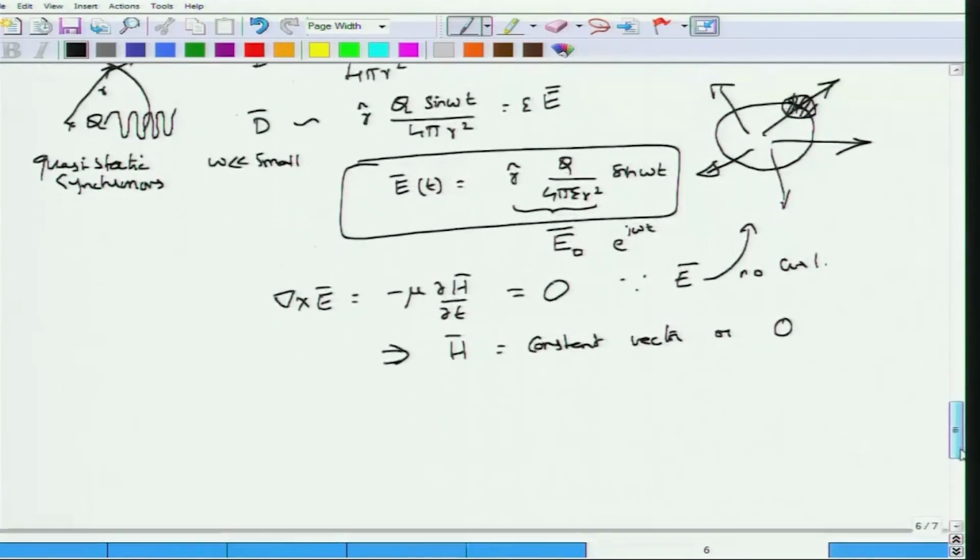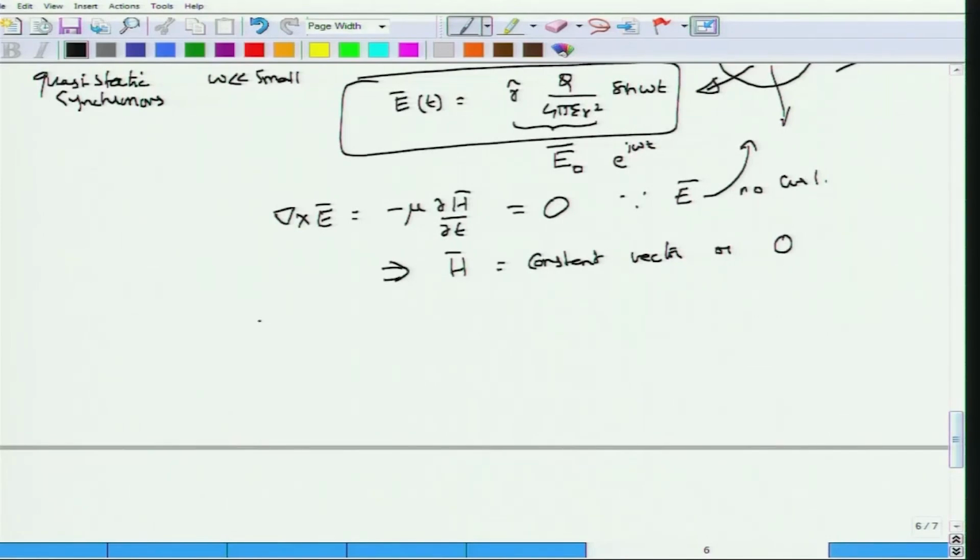Now, is this consistent with the other curl equation? Unfortunately, no. Remember, we are considering a perfect dielectric, therefore, the J term, the conduction current term, will be equal to 0, and since we are considering an ideal dielectric, this displacement current can be written as epsilon del E by del T. Because H is constant or 0, curl of H will also be equal to 0.